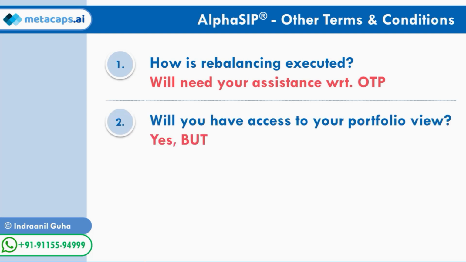Last point, we started life as a mutual fund company. We moved to ULIPs not very long back. So our ULIP app is still under development. At this stage, once you start, I don't have a live app through which you will be able to see your portfolio.